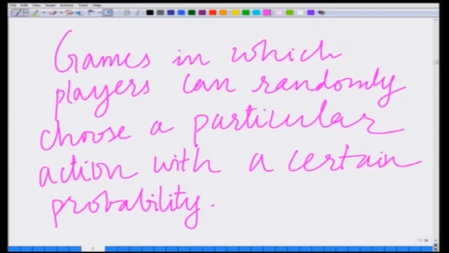Let us take an example of this matching pennies game itself, that is, a player can randomly choose between heads and tails.